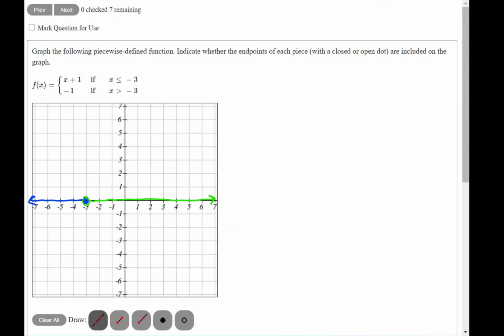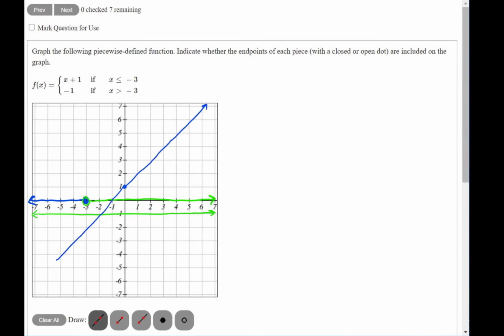So for instance, if I had -1, that's a constant function here, just a horizontal line. And then I have x plus 1. So that's just a line that is slanted, it passes through +1, and it has a slope of 1.